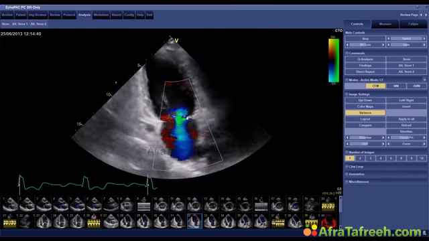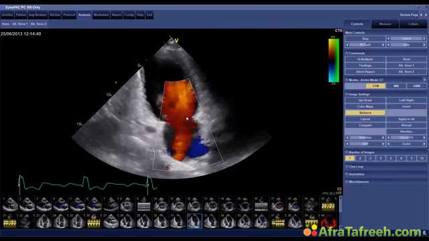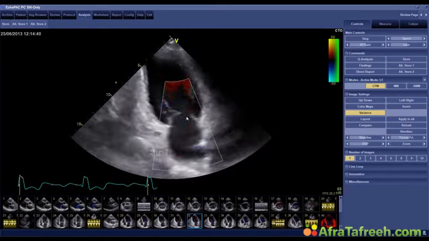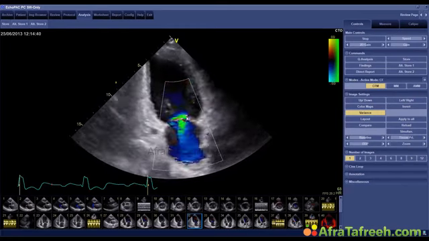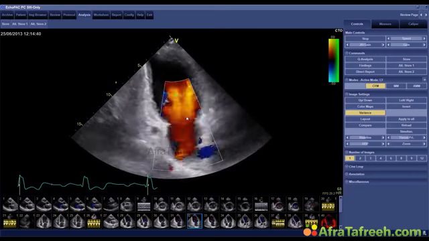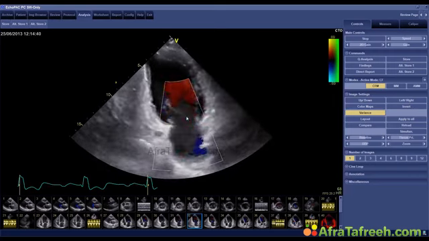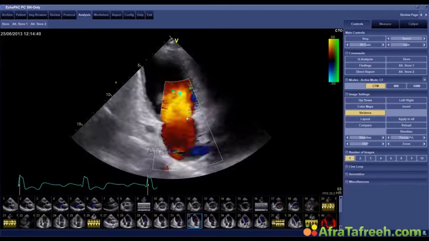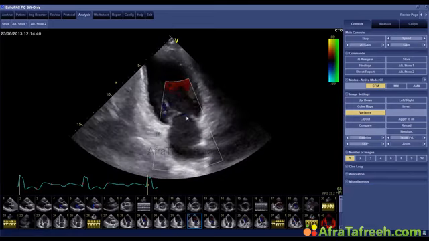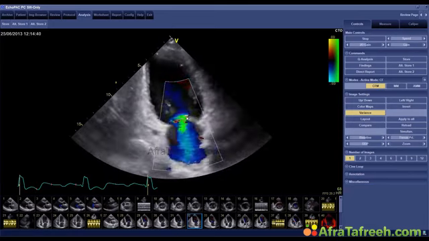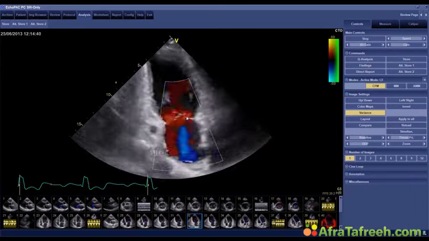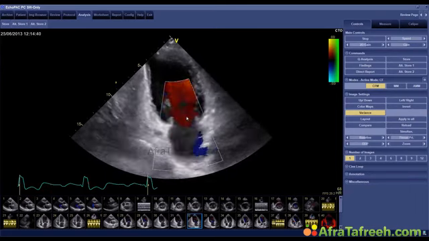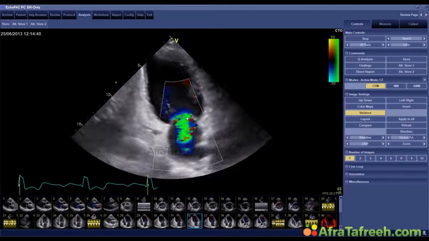But keep in mind that you have to look at regurgitation not from only one view, but from 2 or 3 or several views. Now, the important thing is that the patient has regurgitation, and under these circumstances left ventricular function must be looked at in a different way, because the patient has volume overload. He has a reduced afterload. So the ventricle will look better than it actually is.